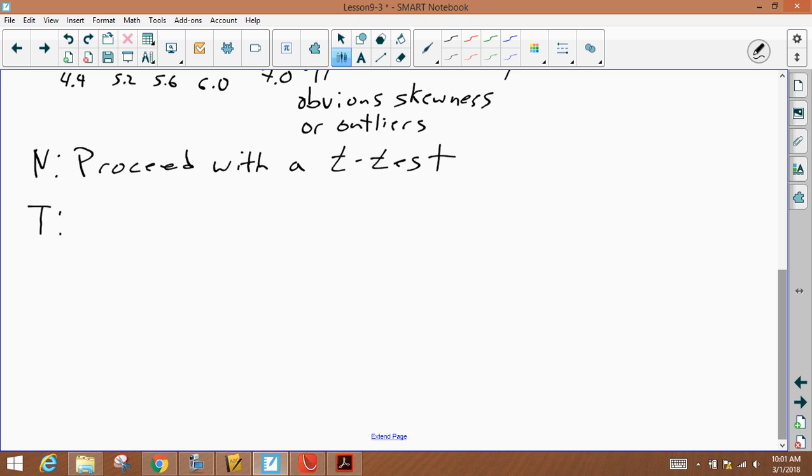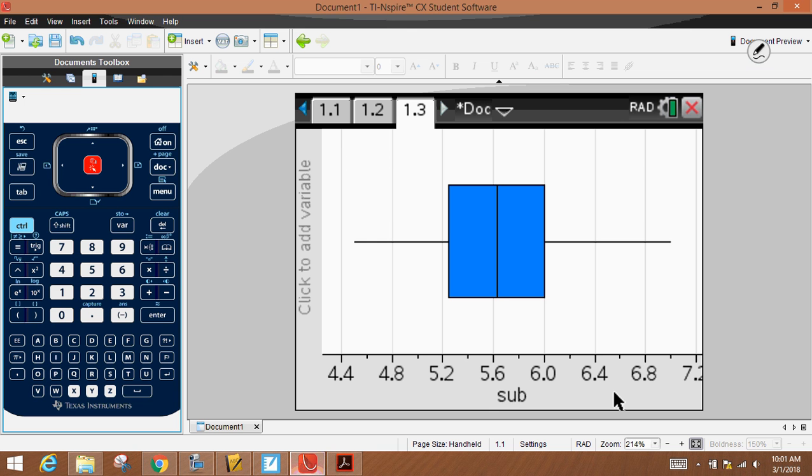Let's get our test statistic. T is going to be equal to, and now we need our x bar, which is going to be located over here.